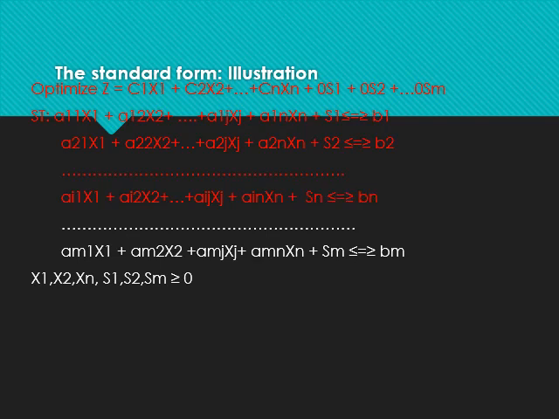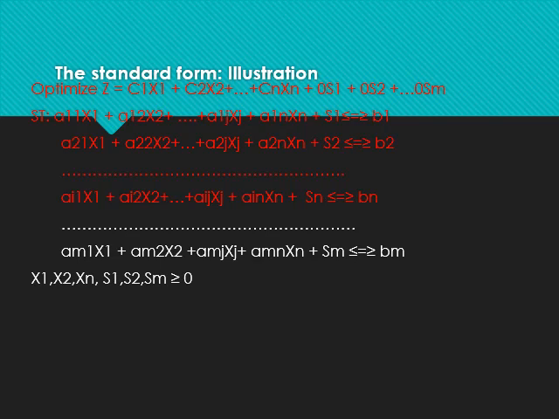So etc. up to the last constraint, am1 x1 plus am2 x2 plus amj xj plus amn xn plus sm less or equal, more or equal bm.